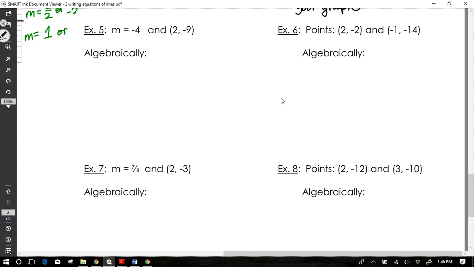And this is kind of a mixed review. I just gave you a slope and a point in examples 5 and 7. And then in examples 6 and 8, I gave you 2 points. So I do want you to practice all of these examples using the algebraic method. So pause your video and then take some time and work through these and then come back and check in with me.